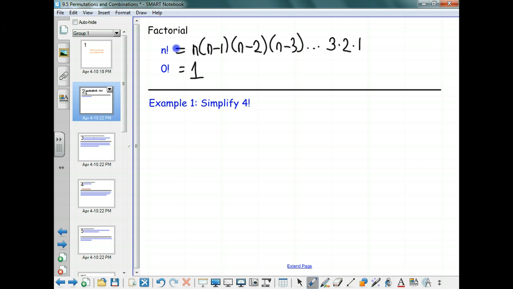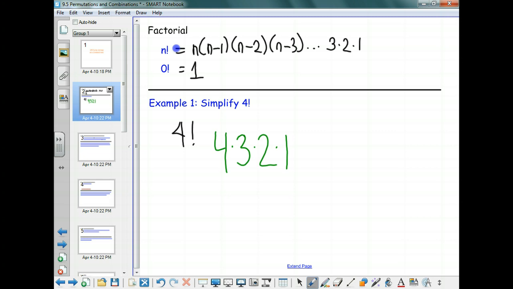We're going to start here with 4 factorial. Volunteer. Kayla, okay, come up here. First, write out what this would actually be. Write it all out for me. Excellent. So this is equal to 4 times 3 times 2 times 1.